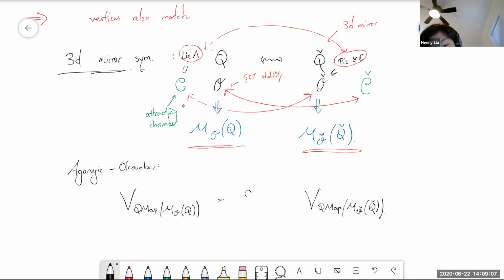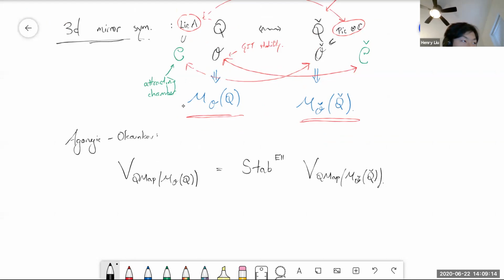And so here you have to put this operator called the elliptic stable envelope. We will not go into the details of what this is. And this will depend on your choice of attracting chamber on the mirror side, which is the choice of the GIT stability on the original side. So usually you would write something like C check as a subscript, but maybe I'll abuse notation a bit and write theta down here.